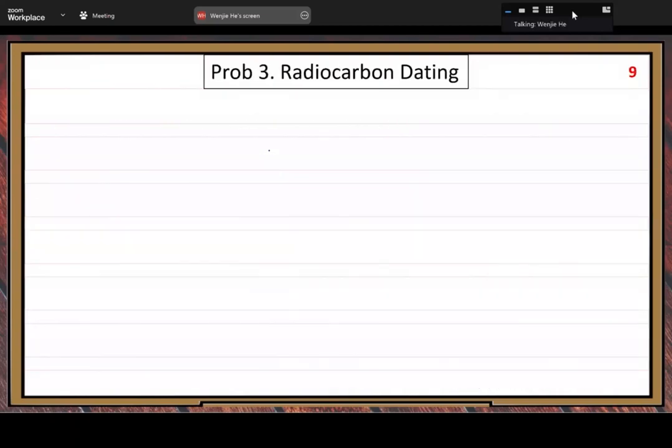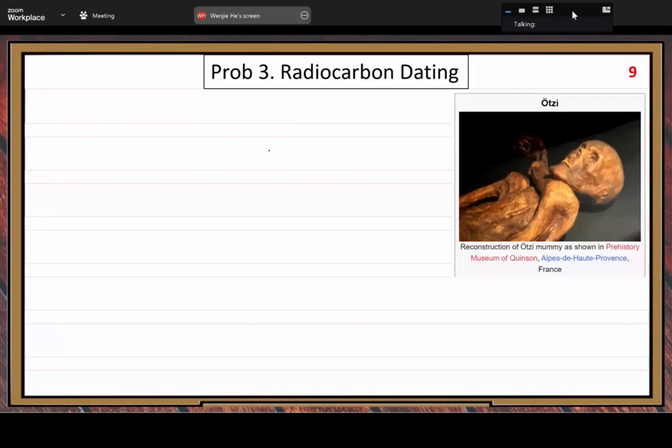Now look at our problem number 3, radiocarbon dating problem. It's a real one. The real world problem.